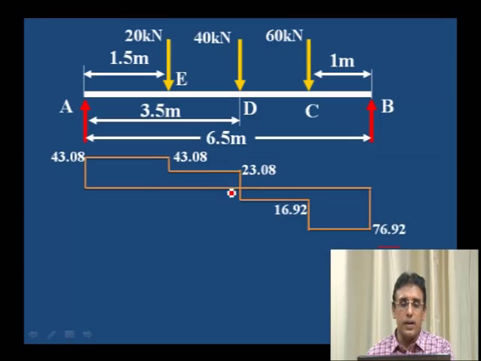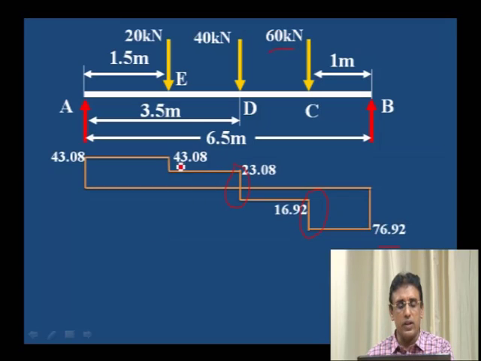What you can observe here is that wherever point loads are there, there is a drop. That drop must be equal to the load value: 76.92 minus 16.92, it is the 60 drop here. Then 23.08 plus 16.92, 40 drop here.